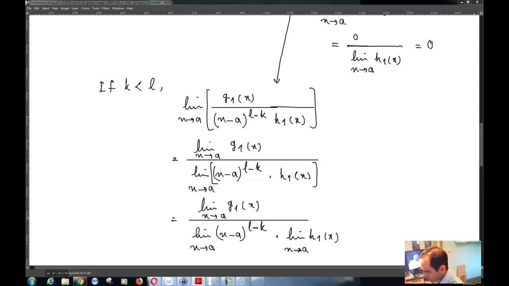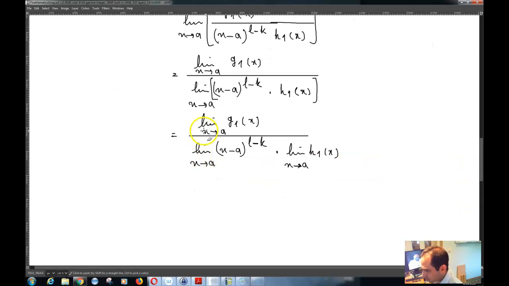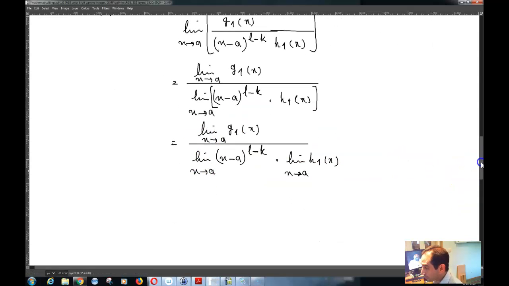Of course we'll see this in the examples, but I suppose this part would simply be 0.